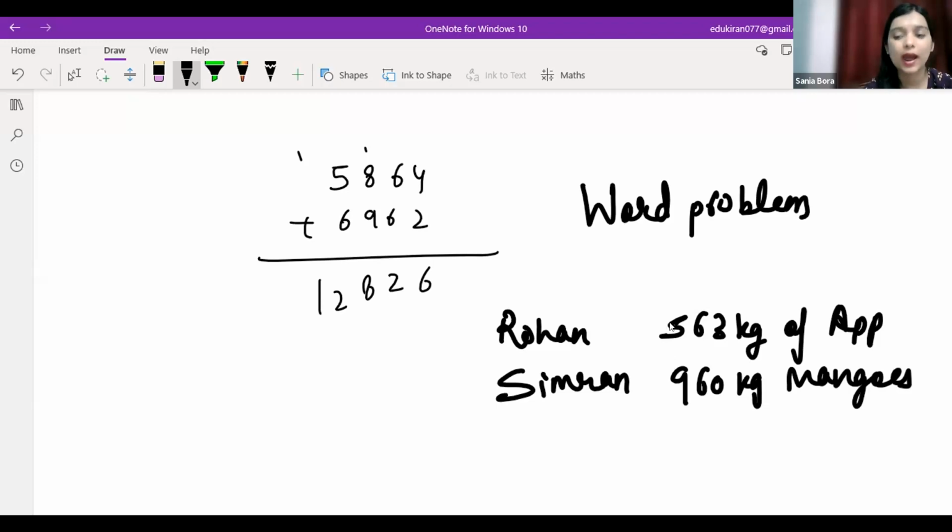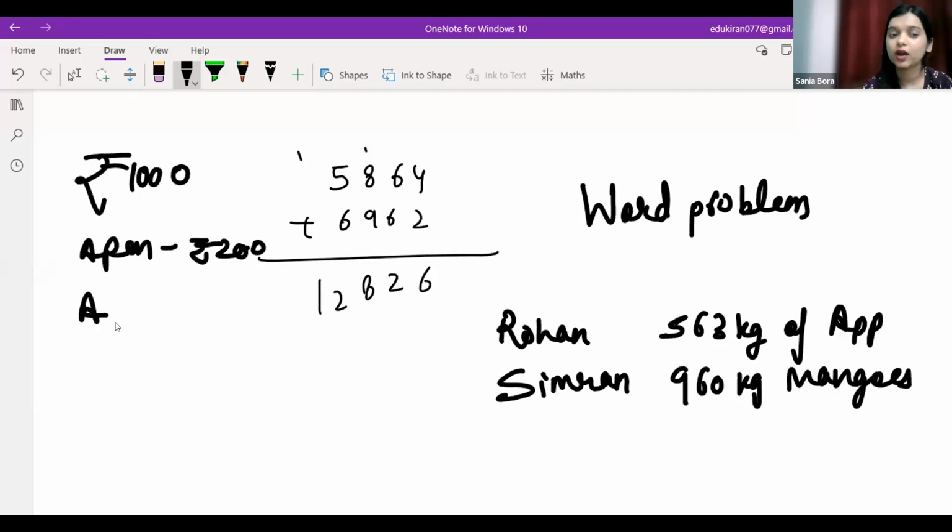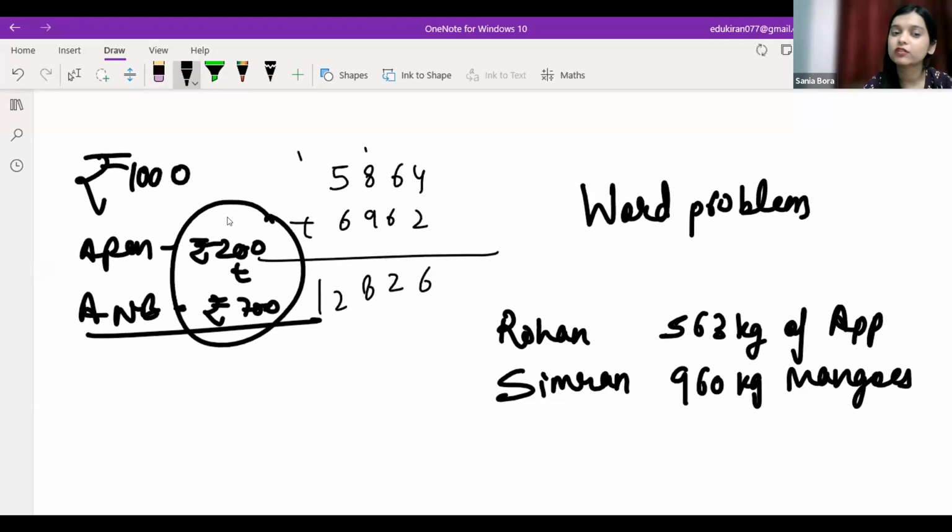So in this case, you need to add. Another example: you have rupees 1000. From this, you bought a pen worth rupees 200 and a notebook worth rupees 700. Tell me how much balance is left with you. In this case, first you will add these, and whatever answer comes, you will subtract it from here. Yes?